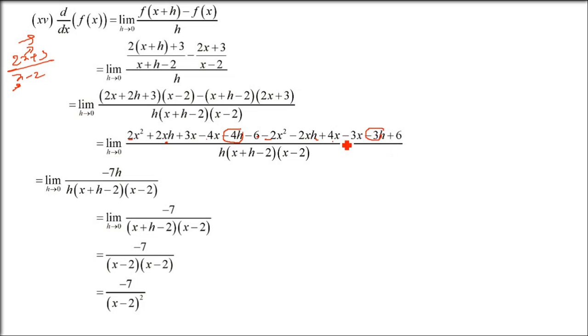You have h already in the denominator, since we have minus 7h in the numerator, and you have x plus h minus 2 and x minus 2. So h gets cancelled. You just put h as 0. So x minus 2 times x minus 2 is x minus 2 whole square. So minus 7 by (x minus 2) whole square, and this is going to be the final result.